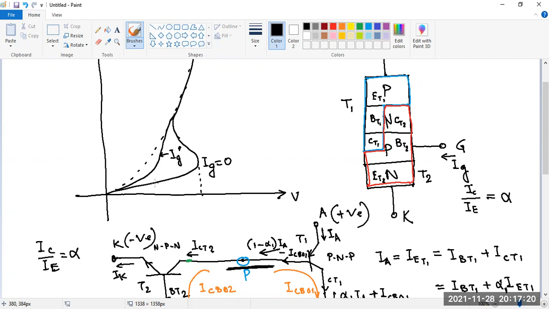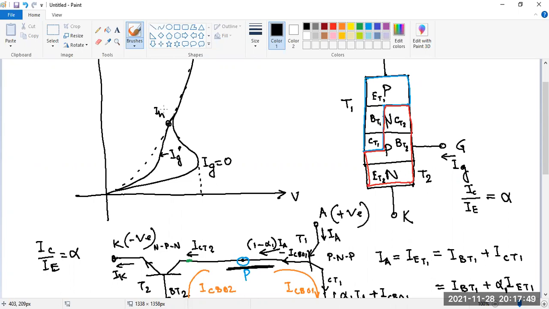Then the regeneration will start, not before that. So therefore we define a term called the holding current. So we have to wait for the holding current. Okay, then we can withdraw the gate.